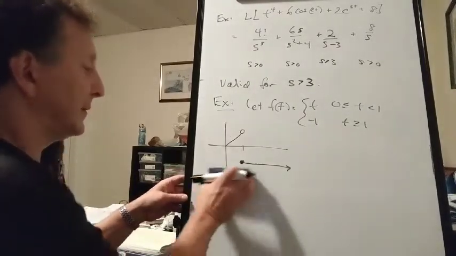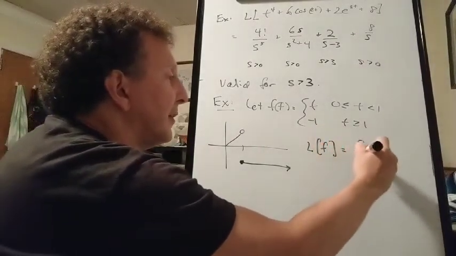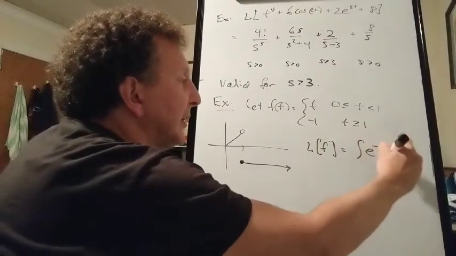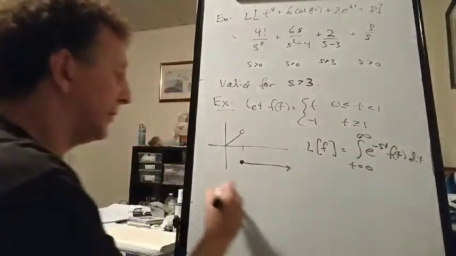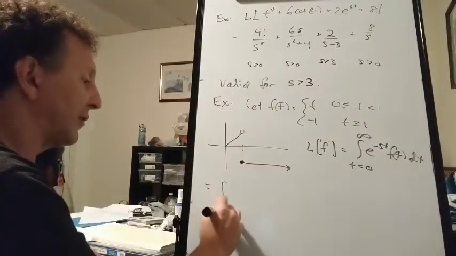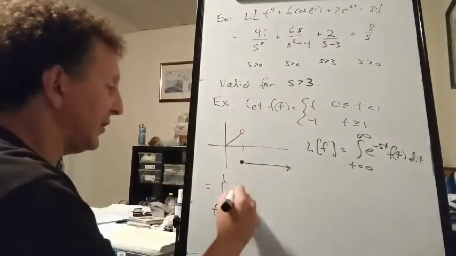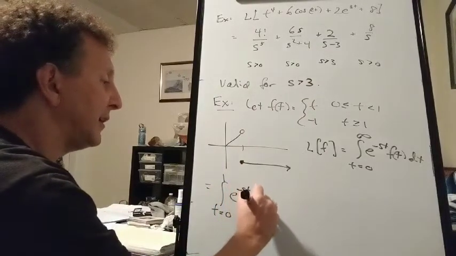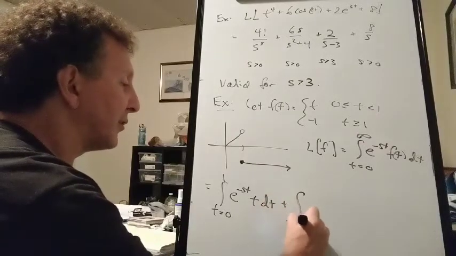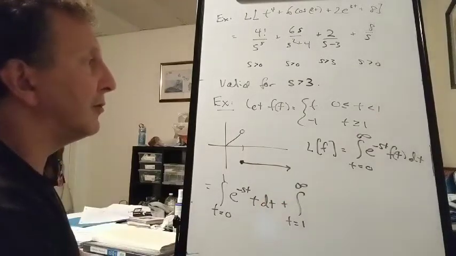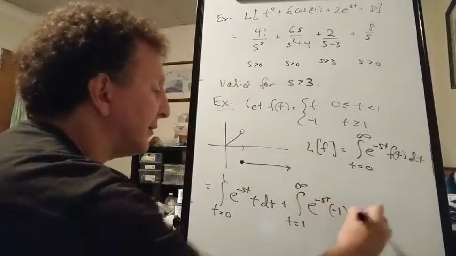So the Laplace transform of f equals the integral of e to the negative st f of t dt as t goes from 0 to infinity, which is the integral as t goes from 0 to 1, where f of t is just t, of e to the negative st t dt, plus the integral as t goes from 1 to infinity of e to the negative st times negative 1 dt.